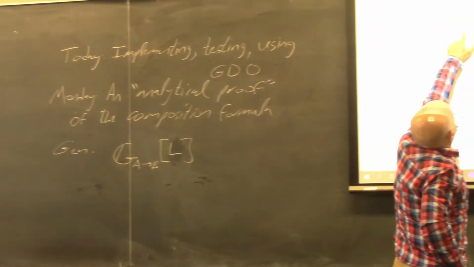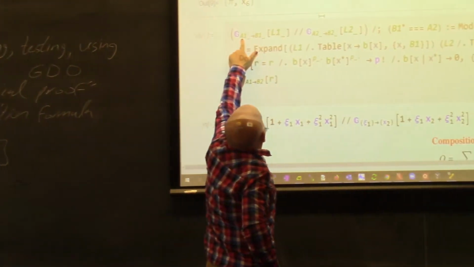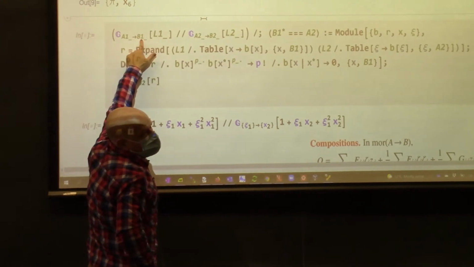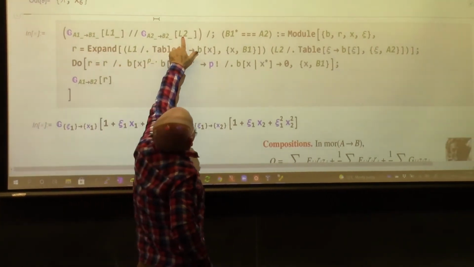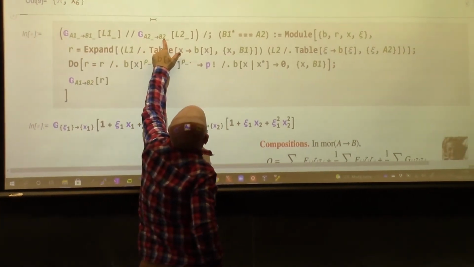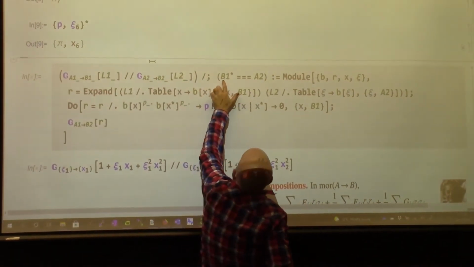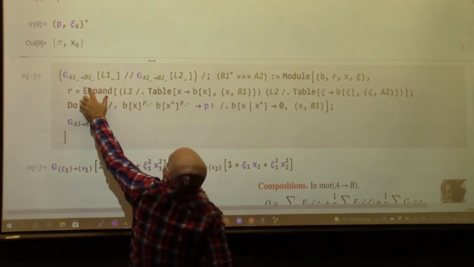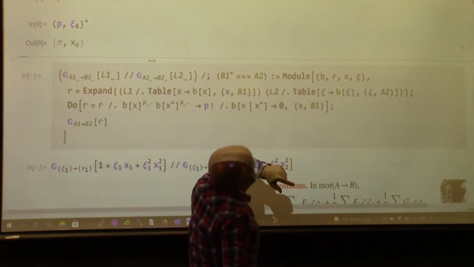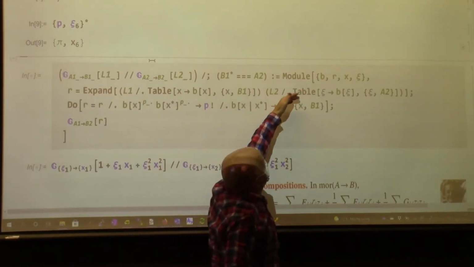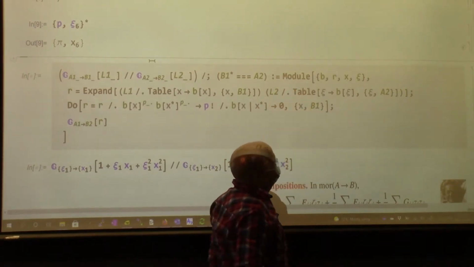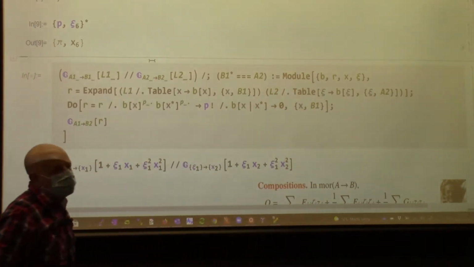So now I'm defining, if you have a generating function L1 in which the Greek letters are A1 and the Latins are B1, and a generating function L2 with Greeks A2 and Latin B2, then their composition, assuming the duals of the B's are the A's, is a module in which you do the following things.